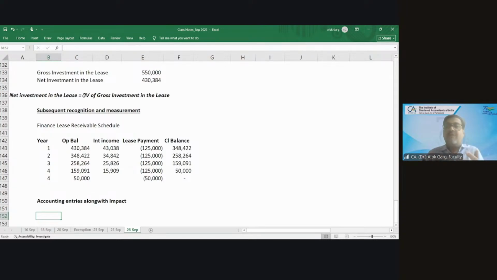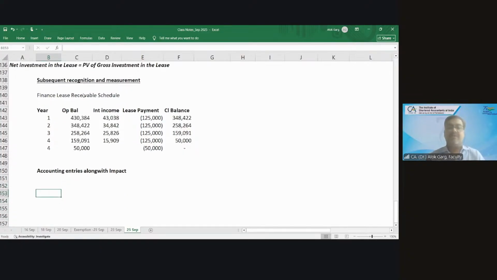So now what we are doing, we are adding interest income on the finance lease receivable and we are reducing the finance lease receivable by receiving the lease payment. The same replica accounting of, you remember, ROU lease liability accounting.